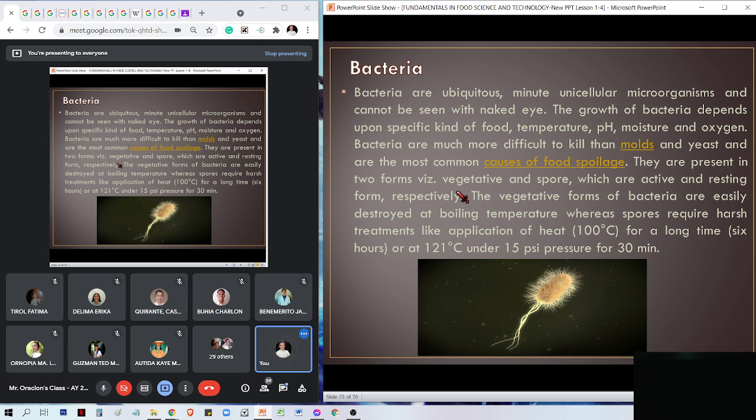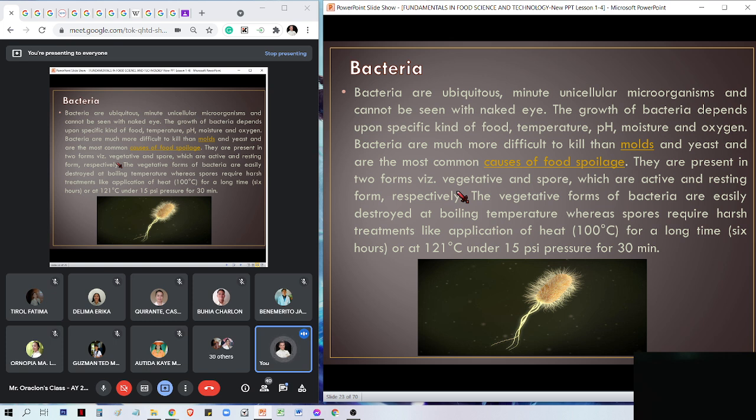Remember that bacteria cannot be seen by our naked eyes. So mo na siyang importante kay siya nga mag-sanitize gyud ta. Okay? So bacteria are ubiquitous, anywhere we can see them, and they are minute unicellular microorganisms. When we're talking about unicellular, single lang, ang iyang layer kung sa skin pa, one layered lang ang iyang skin or iyang protection.